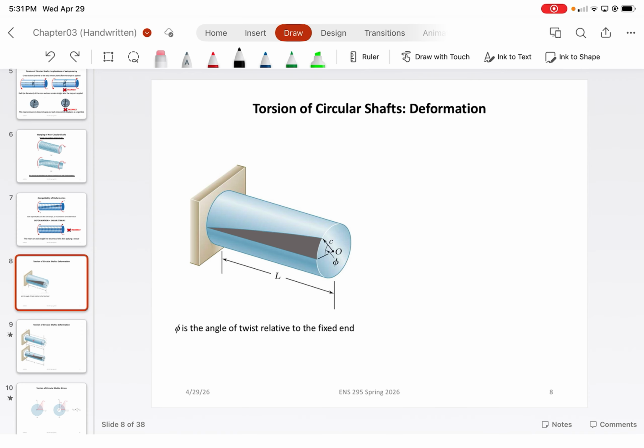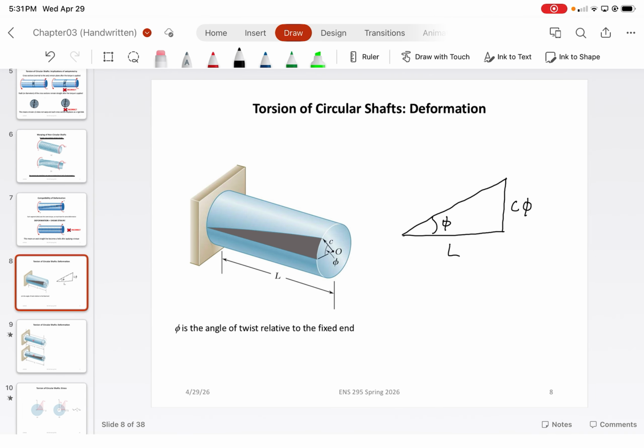So if we were to draw this out in a 2D plane, we would get a triangle that looks like this. Now, this rotation here is that angle phi. The height of this triangle here is going to equal c times the angle of twist, and then obviously the length of that gray shaded triangle is length L.